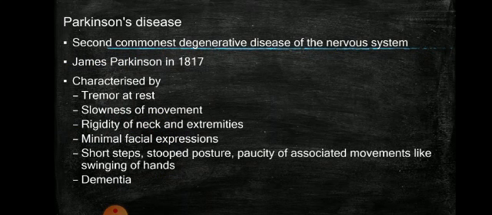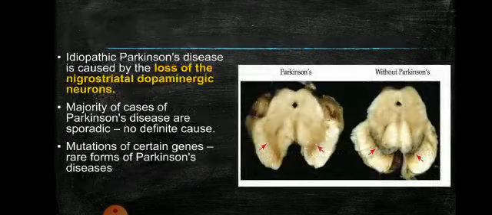If he starts to walk, I'm just giving an example, he takes very short steps and has a very typical stooped posture. There is a paucity of associated movements like swinging of the hands, and dementia is also a feature of Parkinson's disease.